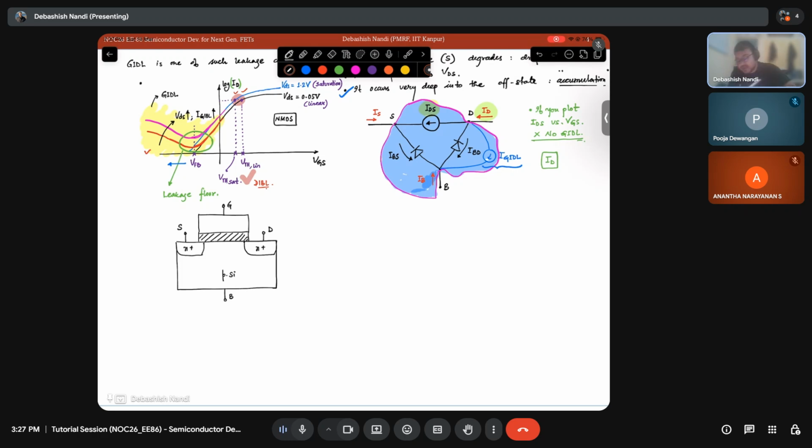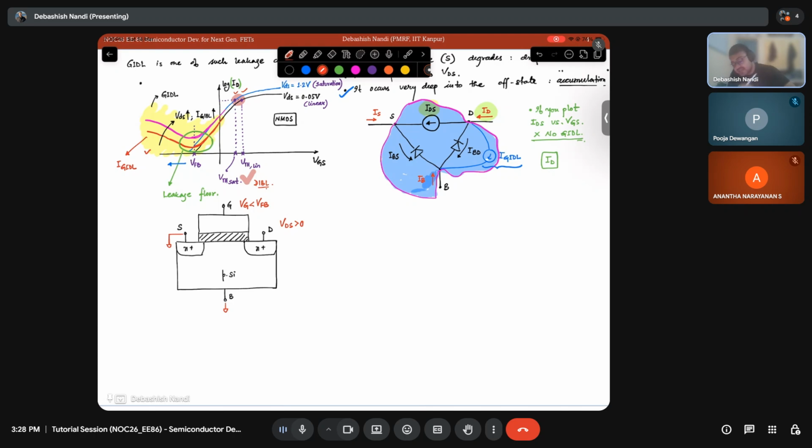Fine. And what are the bias conditions I am interested in? I am interested in this region, because I am discussing GIDL. So my VG will be less than VFB, VDS greater than 0. Let's say my body is grounded and source is also grounded.